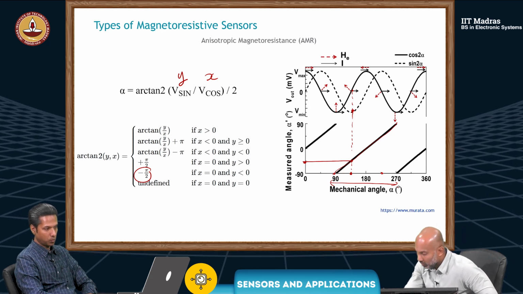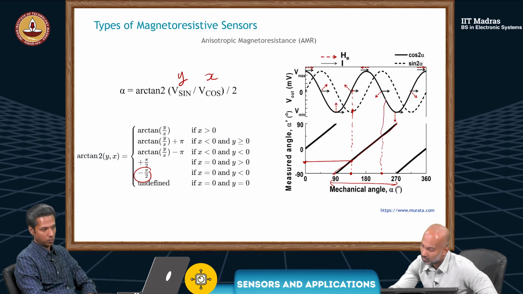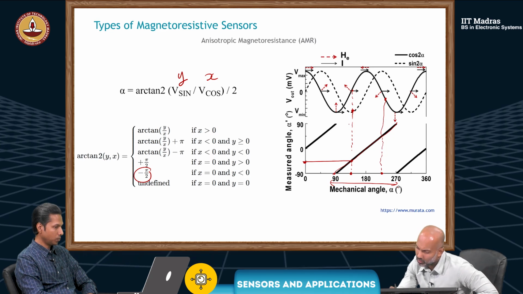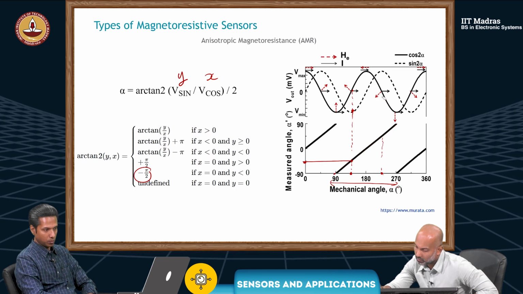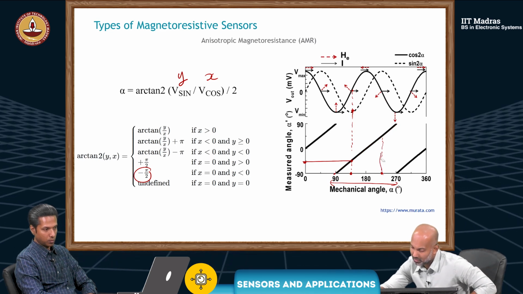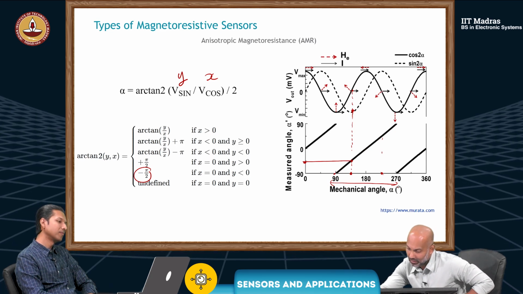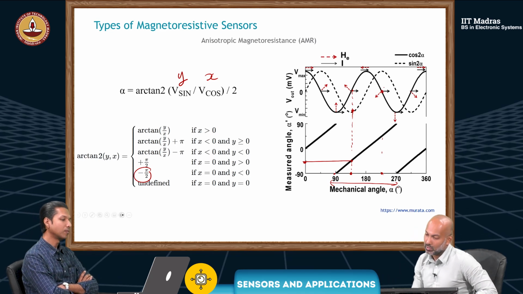So if you take 225, at 180 this is 0, which is your cos.